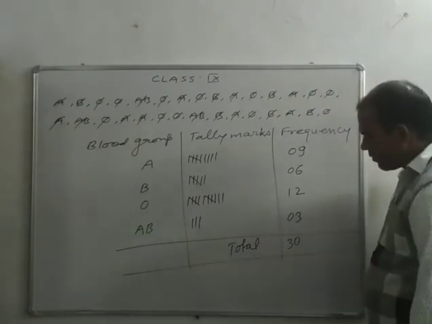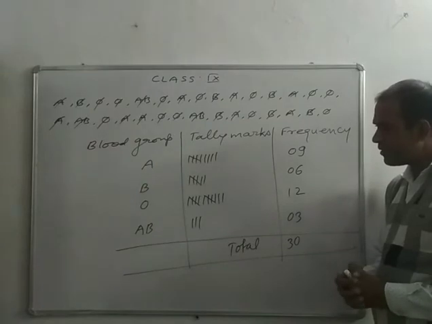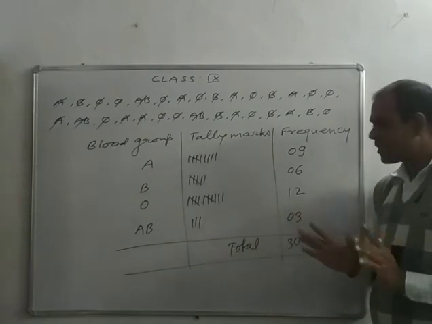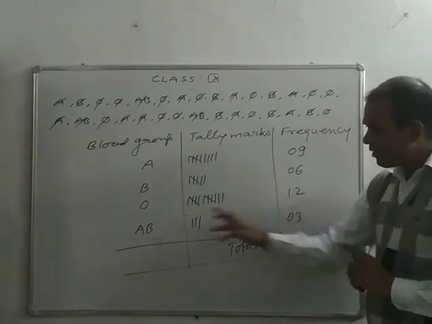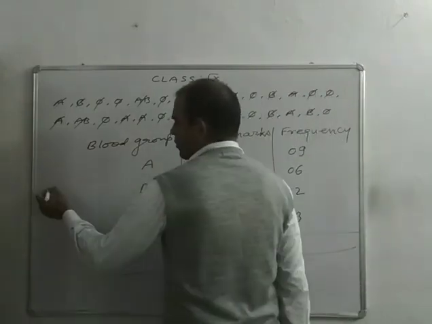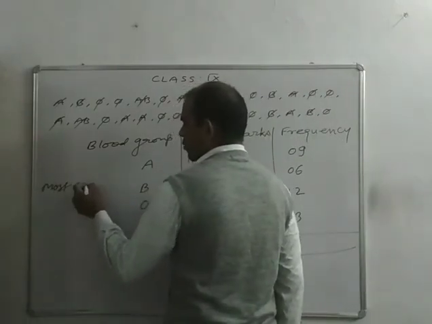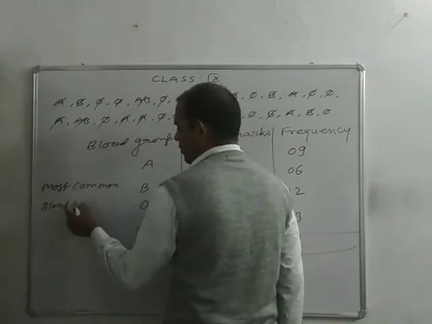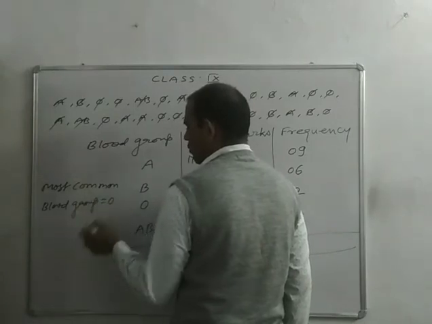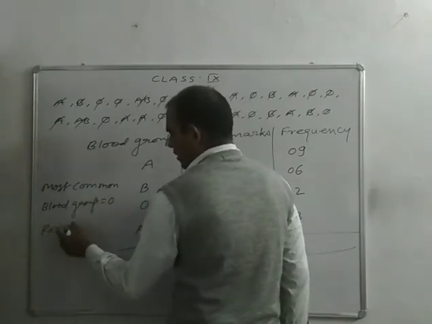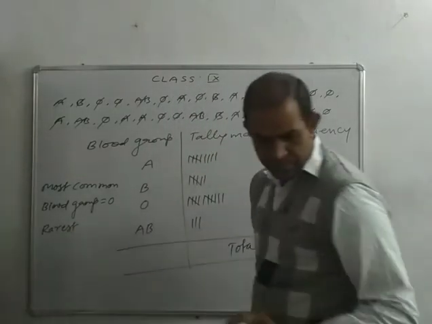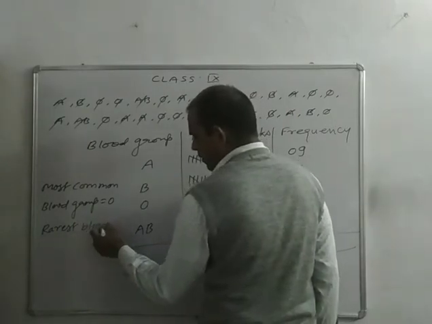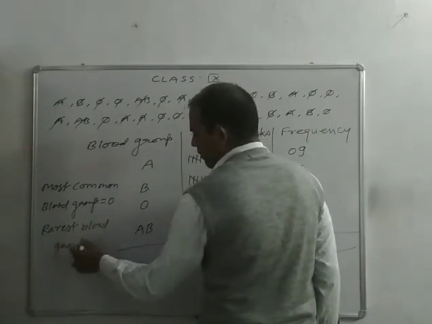Most common blood group means the maximum frequency, so the most common blood group is O, and rarest जो सबसे कम मिलता है वो है 3 students.